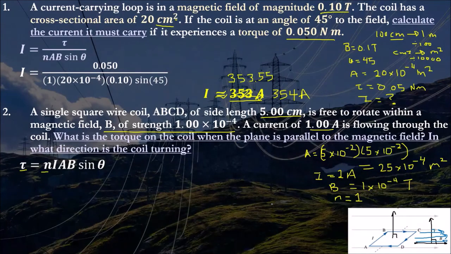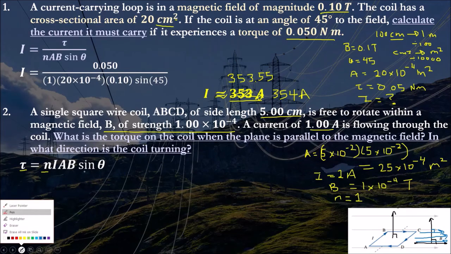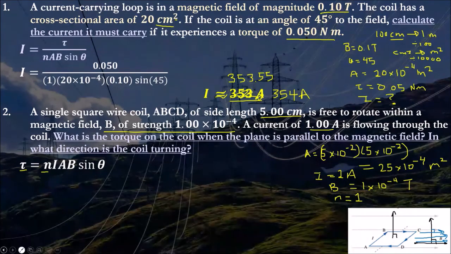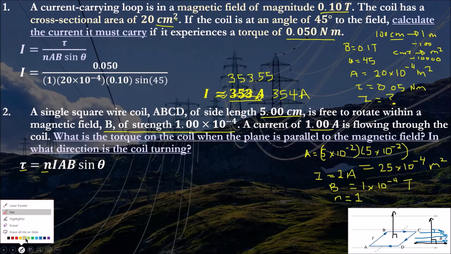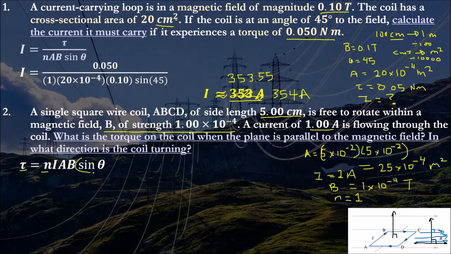So if sine 90 is 1, then we don't need sine theta in this case. Let me write that down as well, for those who didn't quite pick up what I said. So according to my graph, sine theta, with theta being 90 degrees, is just equal to 1 in this case.